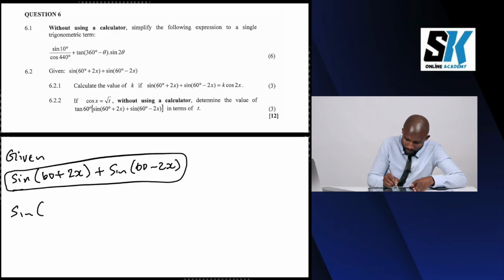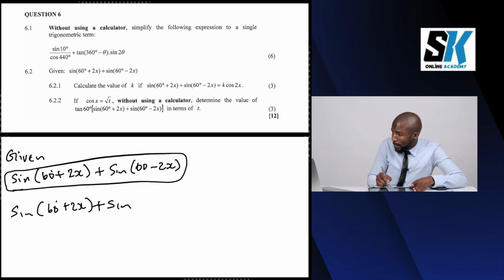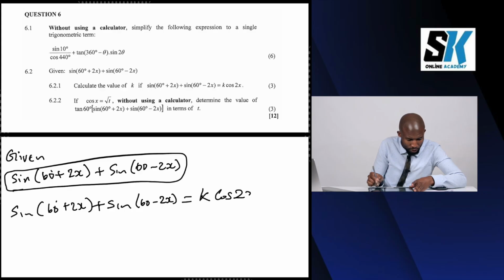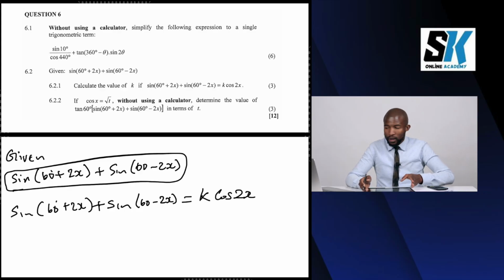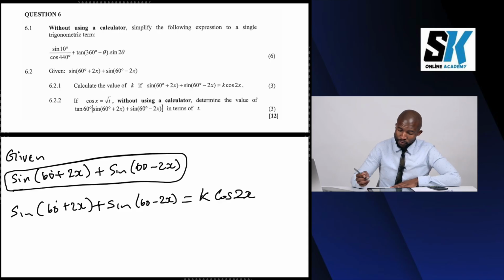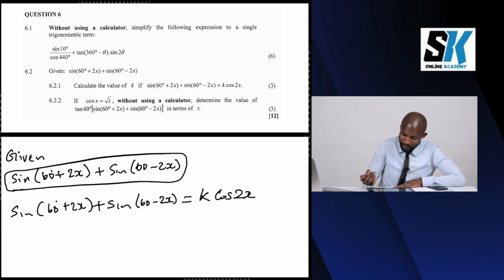Sine (60 plus 2x) plus sine (60 minus 2x) is equal to k times cos 2x. They say we should find the value of k for 3 marks.